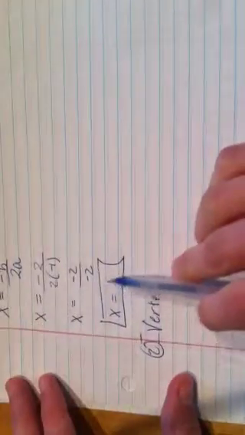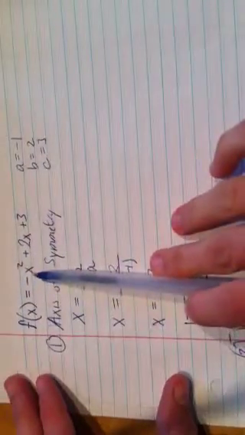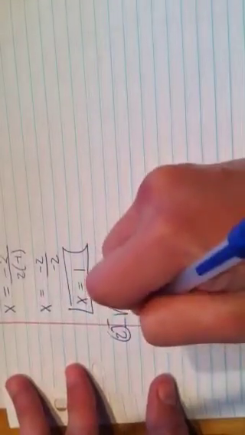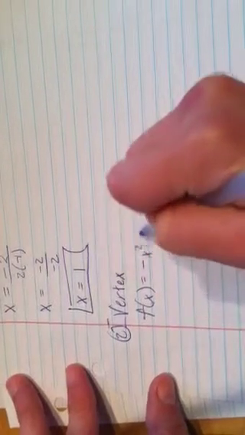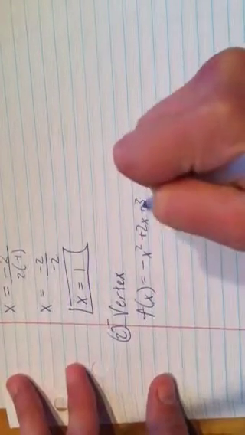And we can always get that by plugging in what we just got for our axis of symmetry into our original equation. So our original equation was f of x equals negative x squared plus 2x plus 3.